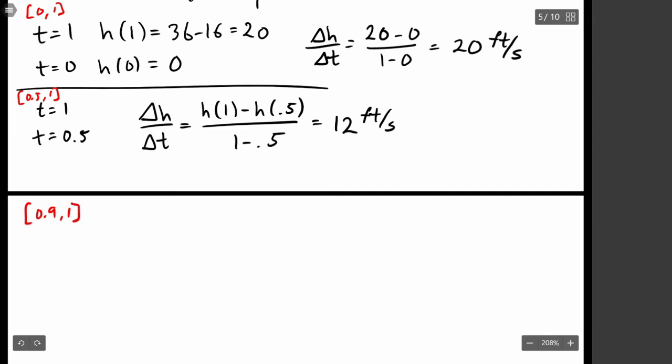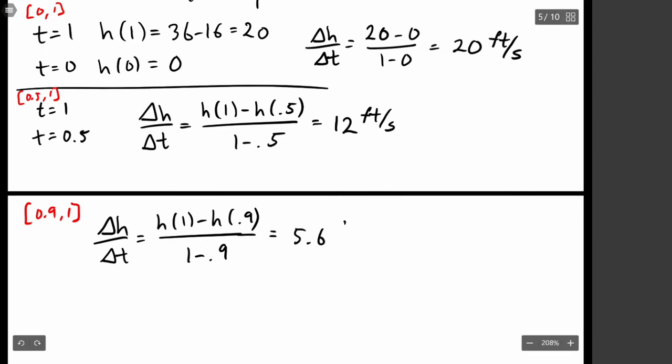So now we're taking the average velocity over just 1/10 of a second. Right? So if we do that, delta H over delta T, which in this case, again, is H of 1 minus H of 0.9 over 1 minus 0.9. Okay? In this case, we're going to find 5.6 feet per second.